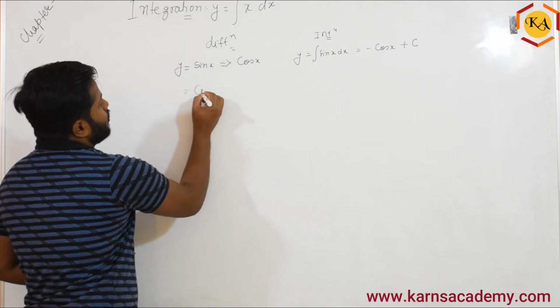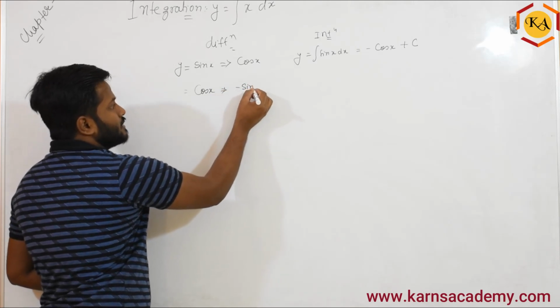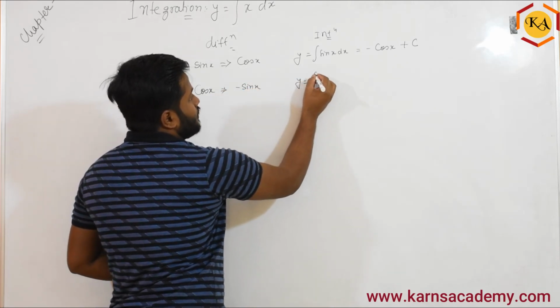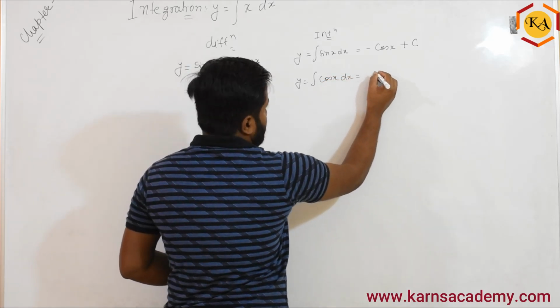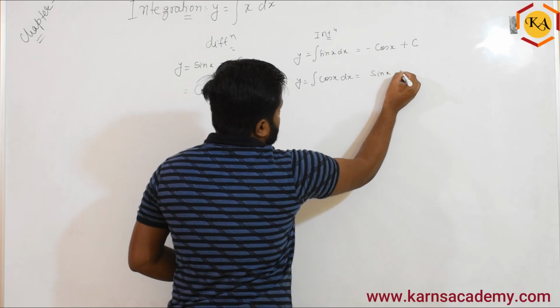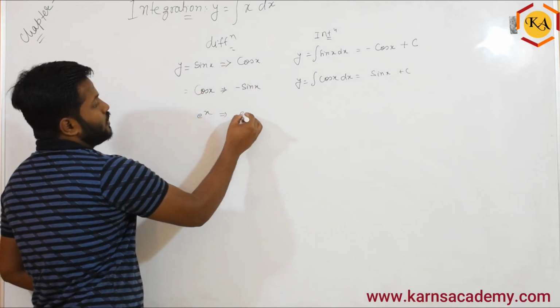Similarly, what is the integration of cos x? If I have the integral of cos x dx, I can write sin x plus c. Similarly, the derivative of e power x is e power x only, and the integration of e power x dx is also e power x only.